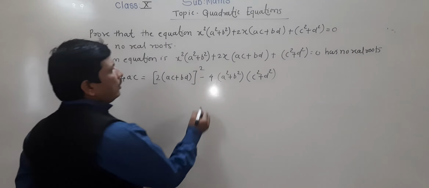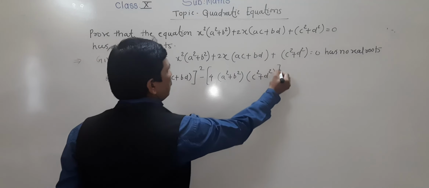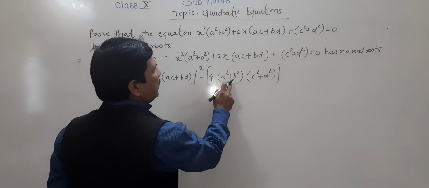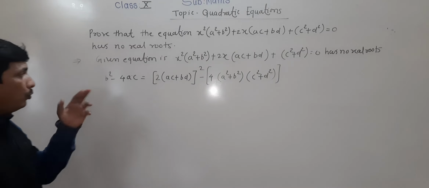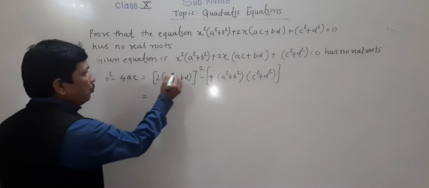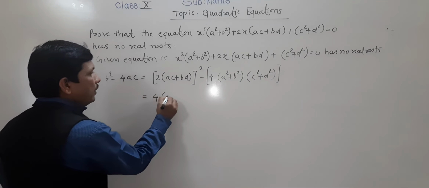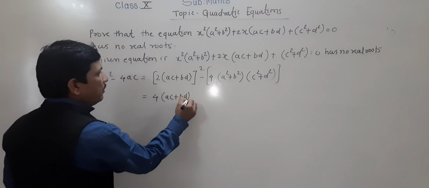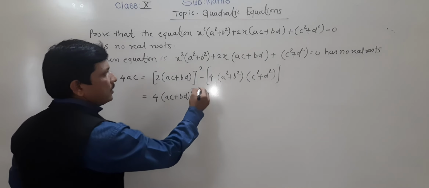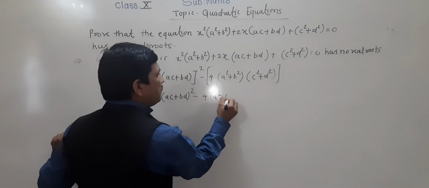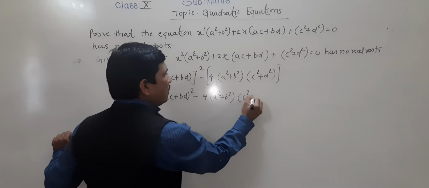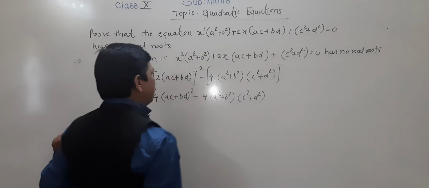So we have taken this, minus 4 into a square plus b square into c square plus d square. Okay, so we will solve: 2 square is 4, ac plus bd bracket square, minus this product 4 into a square plus b square into c square plus d square.